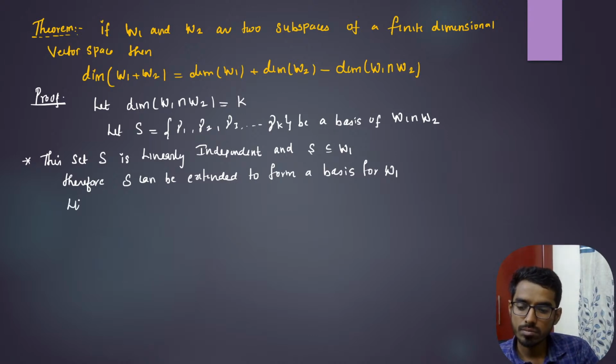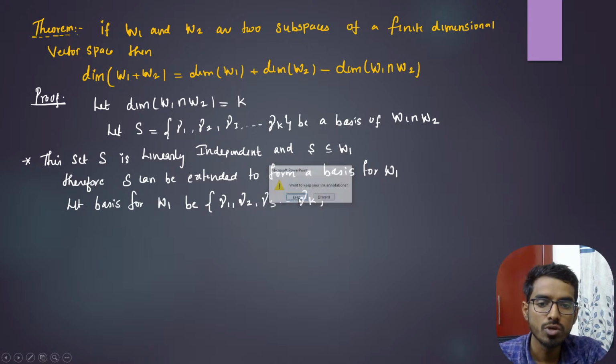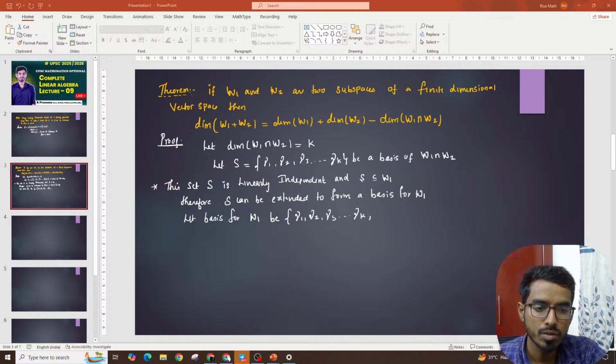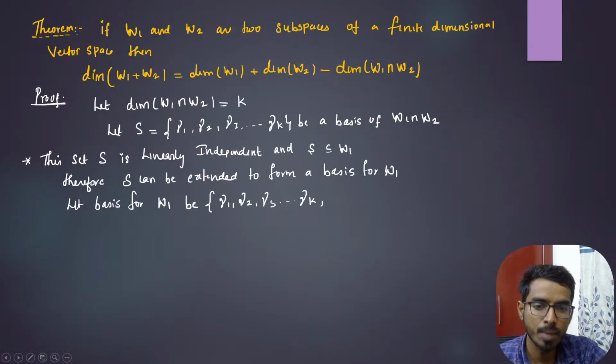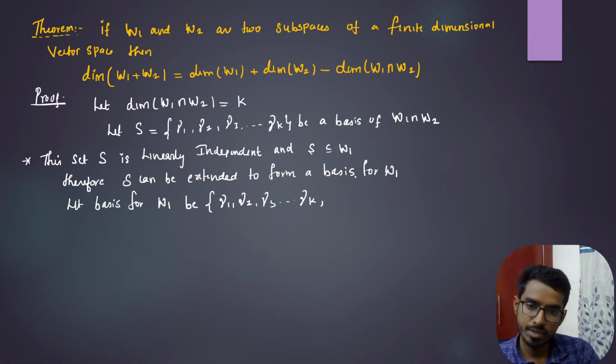So let us take a basis for W1. Already we have these vectors gamma 1, gamma 2, gamma 3 and so on up to gamma k. So we'll add some vectors so that this will be a basis for W1, right? So let us say alpha 1, alpha 2 and so on up to alpha m.